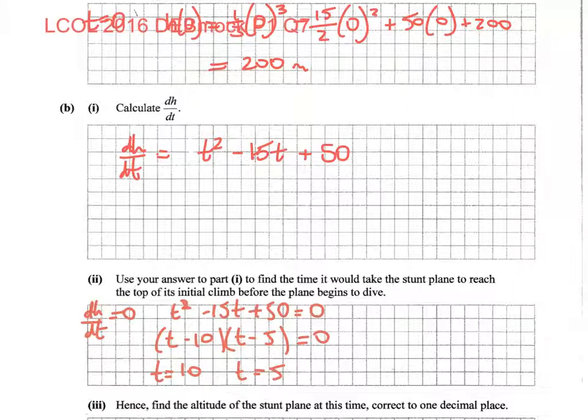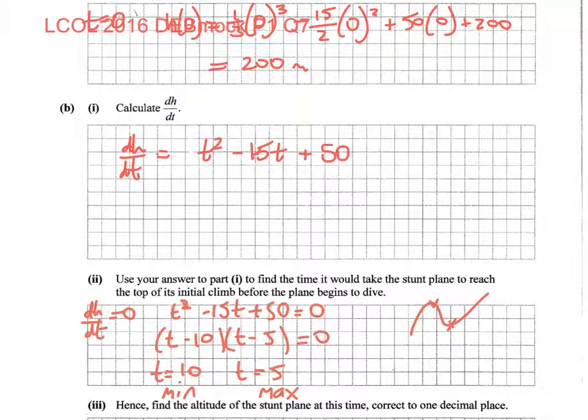The initial cubic equation that we're given right at the beginning is a positive cubic equation, so we've got that type of curve. The first turning point is the maximum and the second turning point is the minimum. So our max is at 5 and 10 is the minimum.